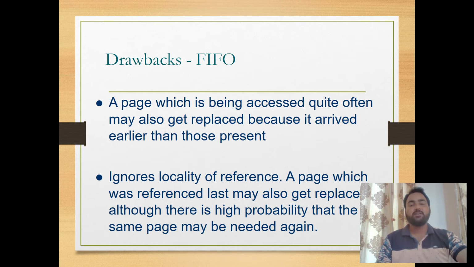What it says is, the page which was currently used in the past by a particular process, there is a chance that it will be removed from main memory, but that page can be required in the near future by the process under execution, because the process having that page is currently in execution mode and the page can again be required. But the FIFO algorithm will not think about anything, it will simply replace the page according to the first in first out mechanism or policy.